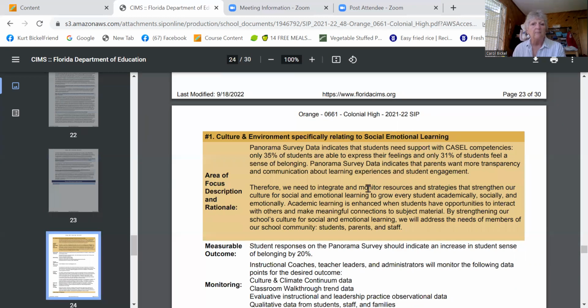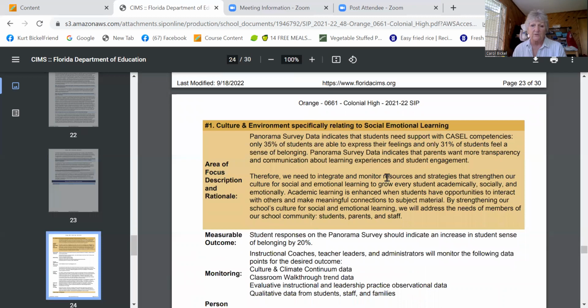They gave a survey based on CASEL's findings, and they found that only 35% of students were able to express their feelings, and only 31% of students feel a sense of belonging. Well, boom, right there is a great place for school counselors to focus in on and really do the interventions that could really make a difference for the school's culture.